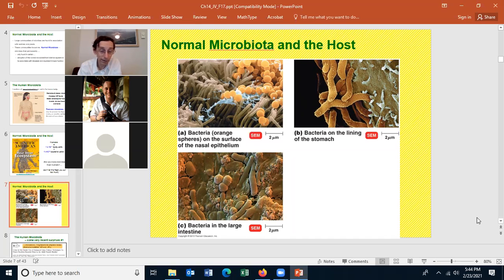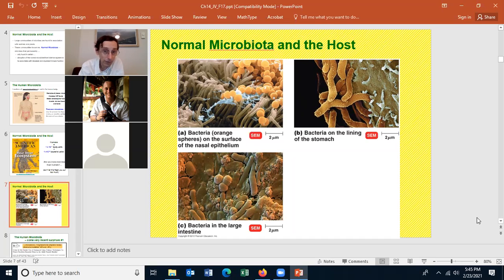But generally, MRSA is not a part of somebody's normal microbiota. It is just a variant of Staphylococcus aureus that is resistant to many drugs and many antibiotics. And for me, that would have been a transient microbe, because Staphylococcus aureus on my skin was a transient microbe.